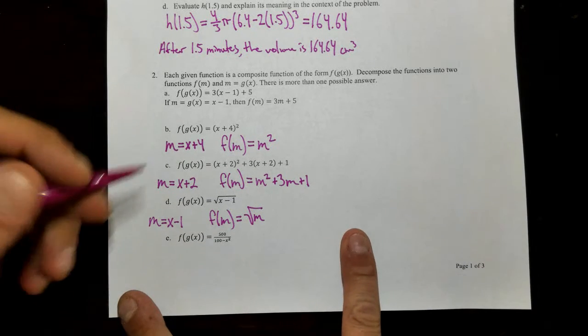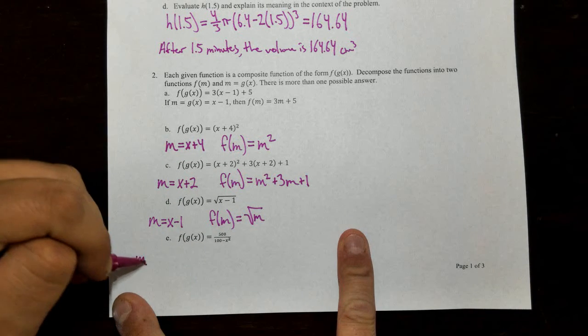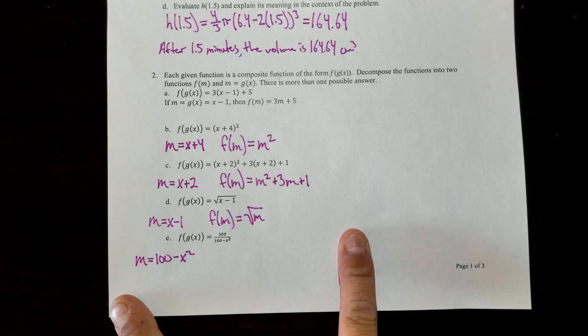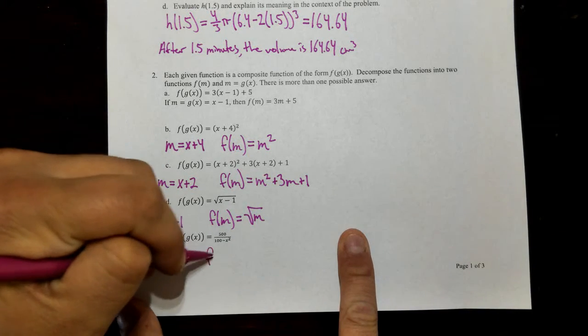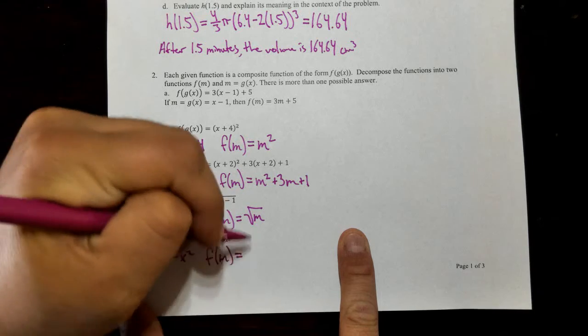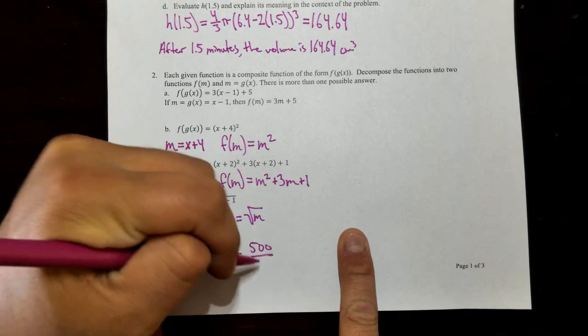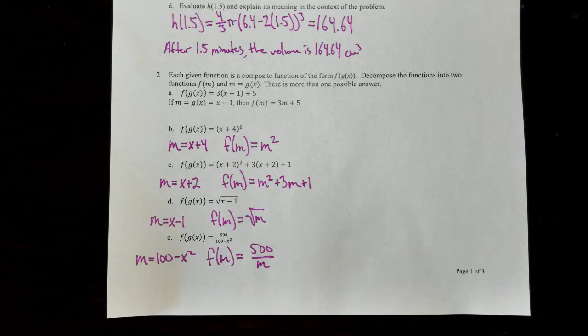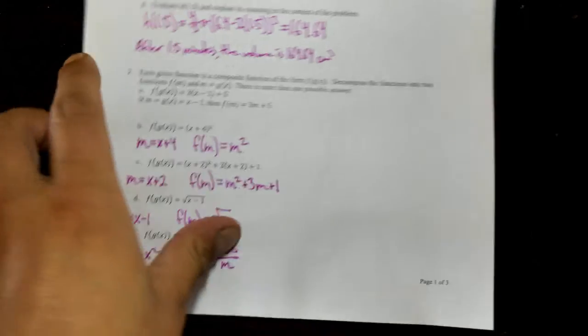Well, we could say that our m is the 100 minus x squared, and that our f of m is going to be 500 over m, just like that. So that's number 2.